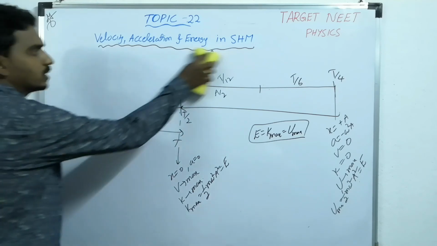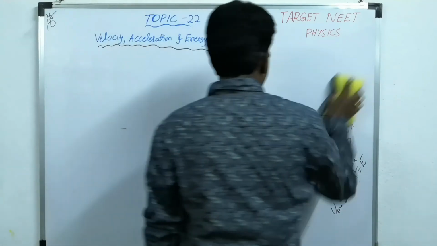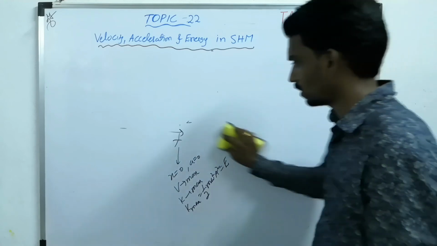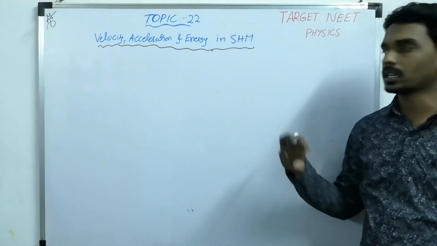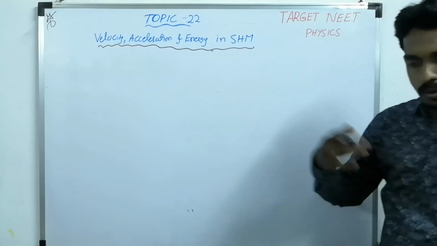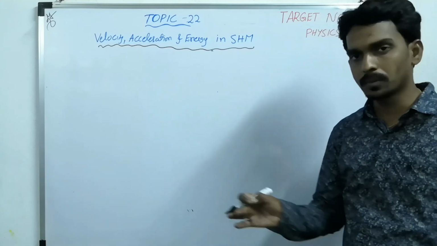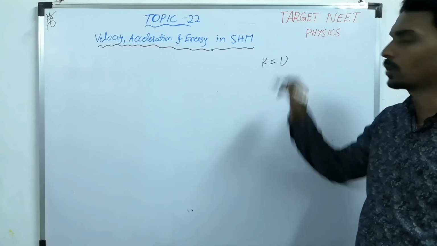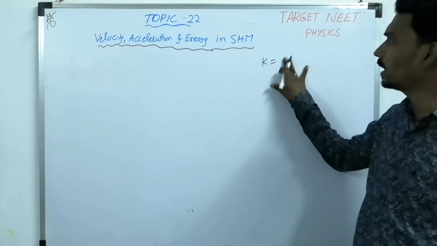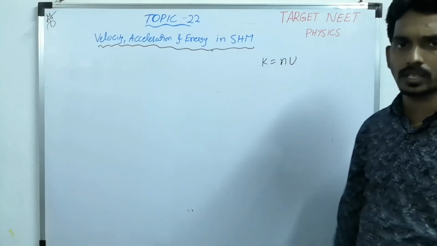Suppose one question is given in this manner. Find the position where the kinetic energy and potential energy of the particle in SHM are both the same. So you have to find the position, meaning x, where kinetic energy equals potential energy, or kinetic energy is n times potential energy.